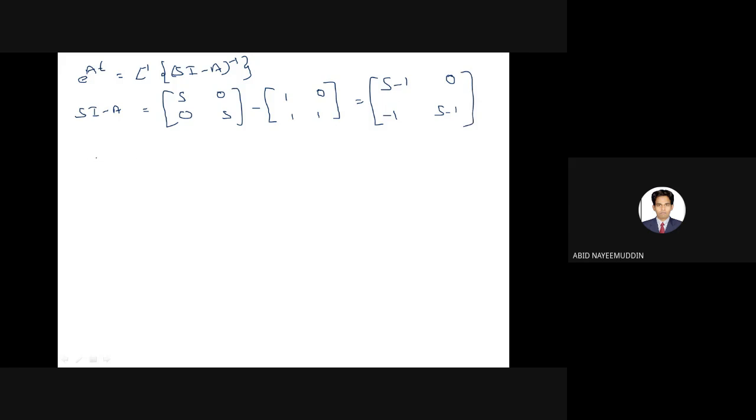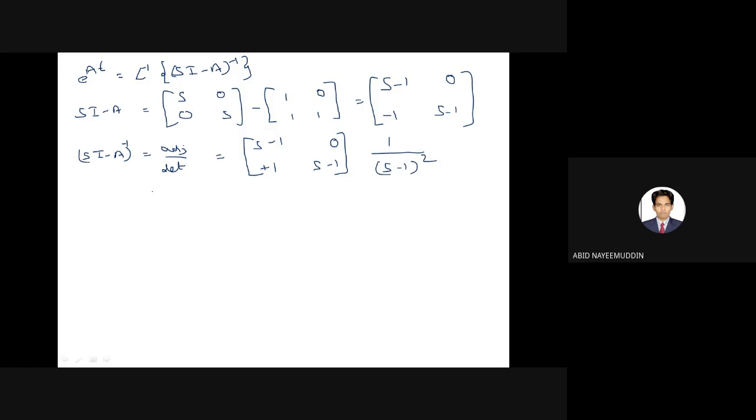Now if you find the inverse of that, sI minus a whole inverse can be written as adjoint by determinant. Doing the simple mathematics, the matrix becomes s minus 1, 0, plus 1, and s minus 1, and the determinant, if you cross multiply, is s minus 1 whole square.